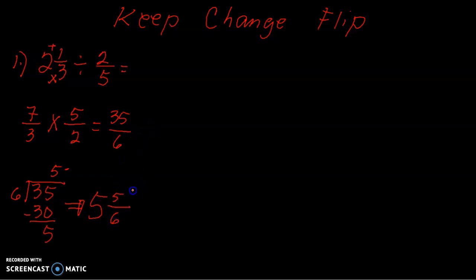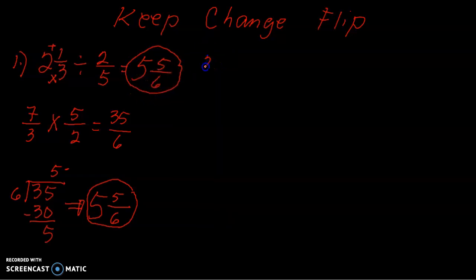So this is now our answer. Final already. Why? We cannot reduce 5/6 anymore to its lowest term. 5/6 na talaga siya. So, 2 and 1/3 divided by 2/5 equals 5 and 5/6. Okay? So, ito na yung sagot niya. 5 and 5/6. Diba?